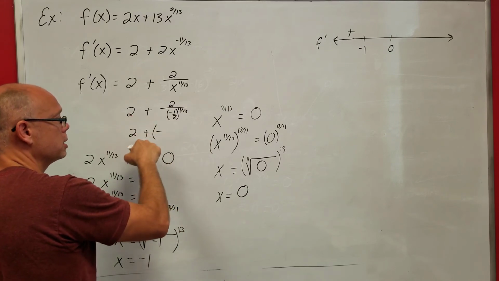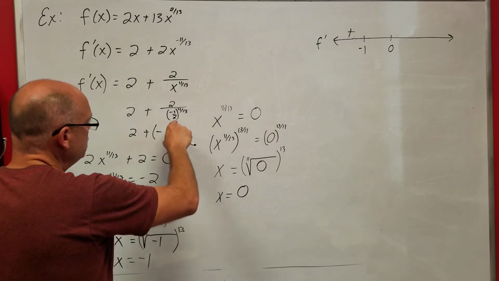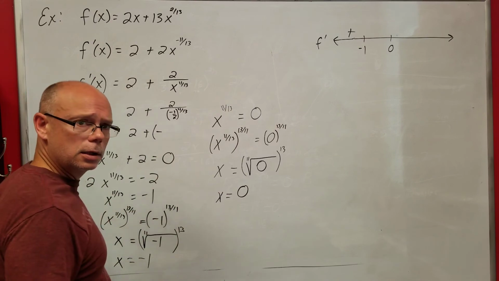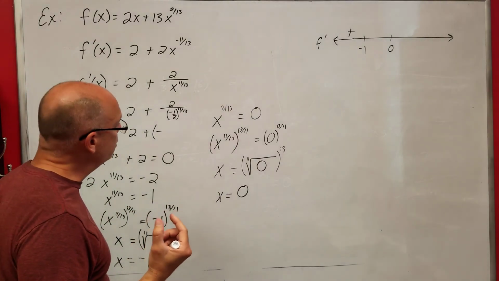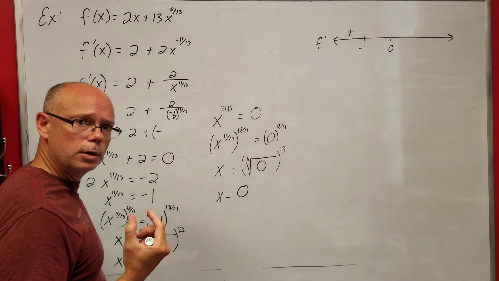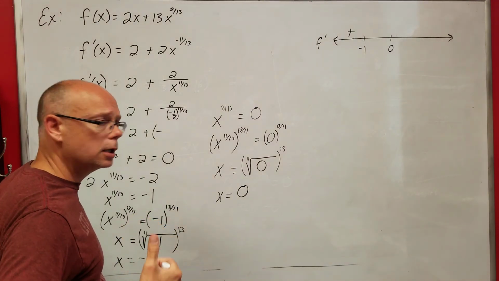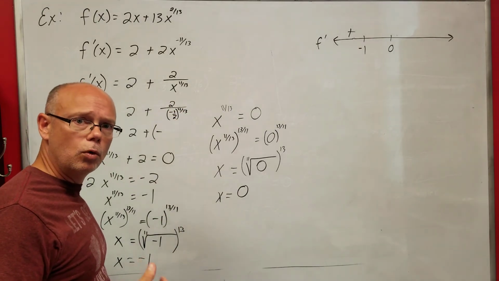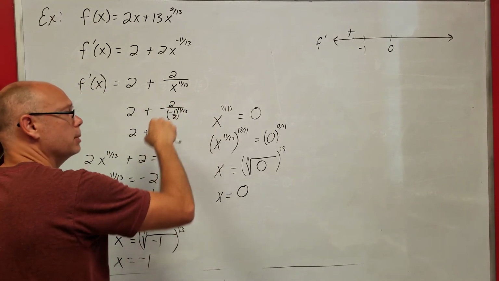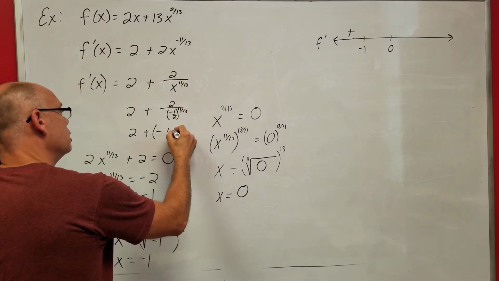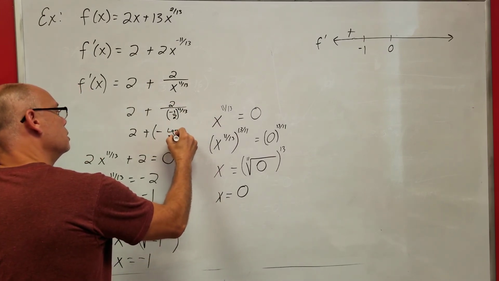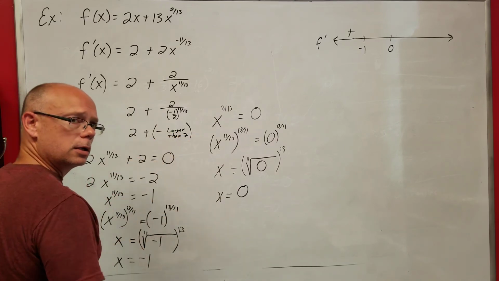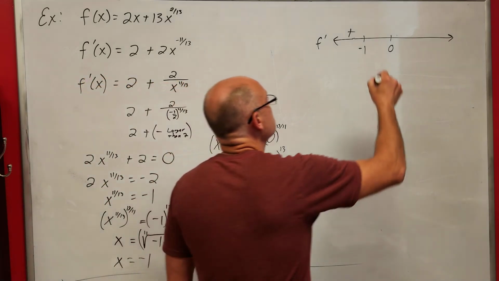So I'll have 2 plus some negative number, right? Now if I take a 1/2 and take the 13th root, raise it to the 11th, I get a negative decimal number, like negative point something. So what happens if I take 2 and divide by a number that is less than 1? That gets bigger. That makes 2 larger. So I'm going to put larger than 2. What's 2 plus a negative number that's larger than 2? Well, that's going to give me a negative.